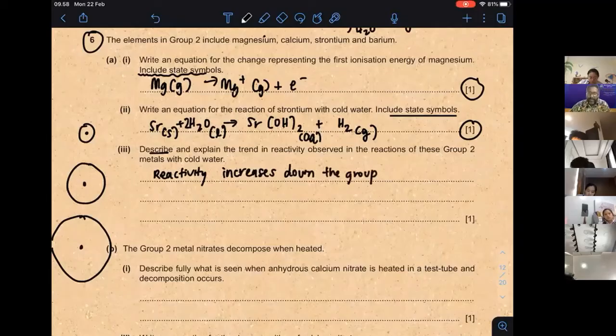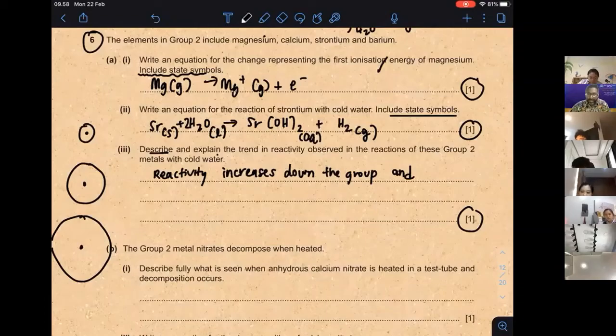And you need to mention that, because it's 1 mark. Then they also ask you to explain, so you need to explain why. You need to say it is easier for the electrons to go out. Since they already mentioned ionization energy, I think the best way is to relate it with the ionization energy.